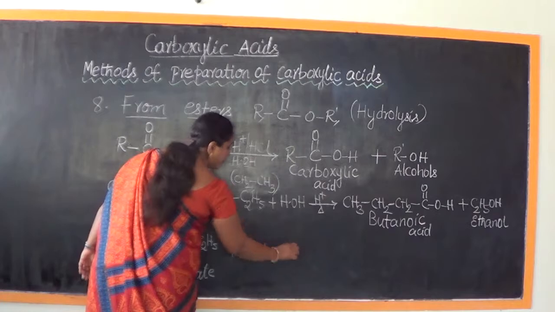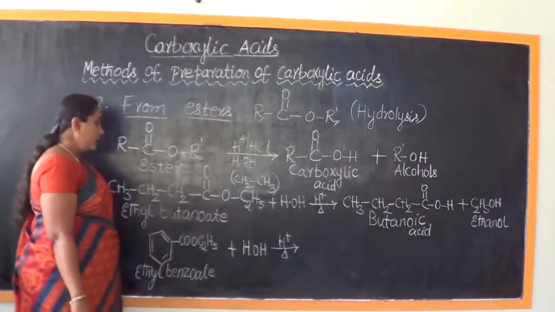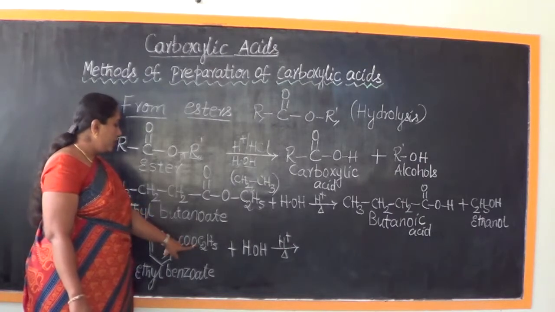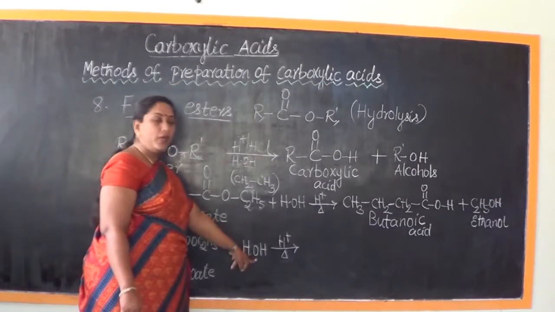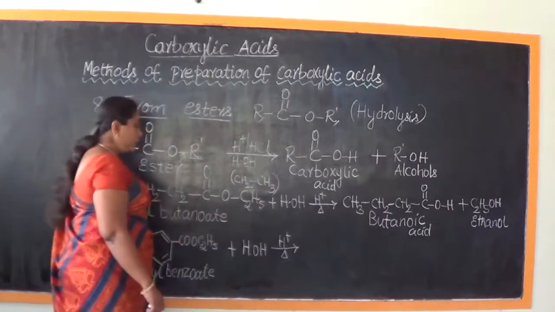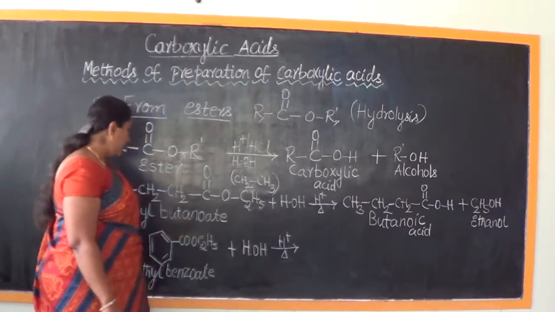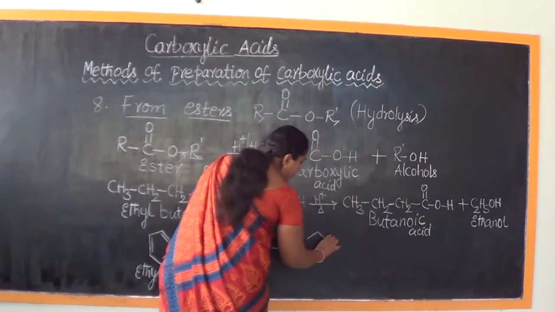HOH. So what happens now? Upon heating, the carbon and oxygen bond cleaves, C2H5 combines with OH, goes out as C2H5OH, and in the place of this carbon, the hydrogen will take a linkage. So what is the product we are going to get now?